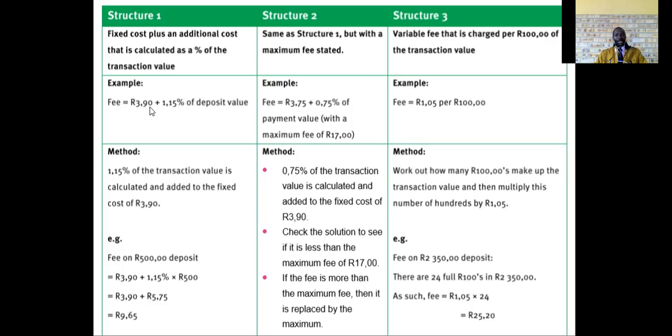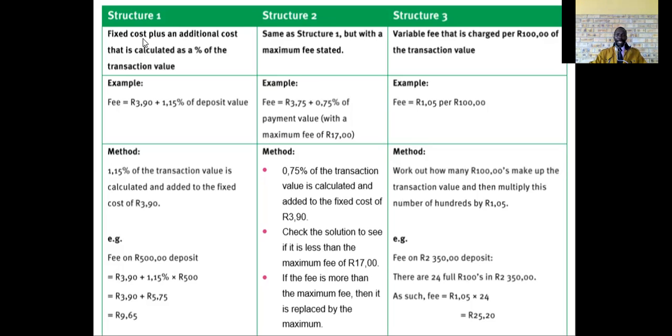So very much like saying, let's say you went to deposit 10,000 rands. For depositing that money, the bank will charge you 3.9 rand. Then they will also charge you 1.15% of the deposit value. You see that?